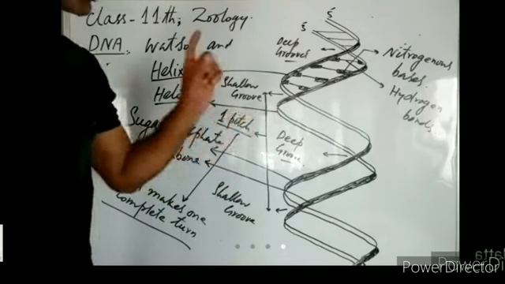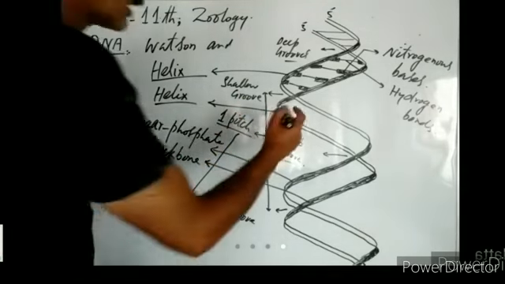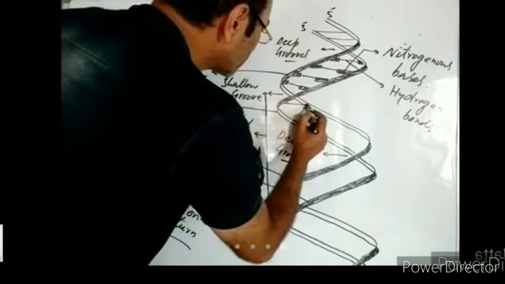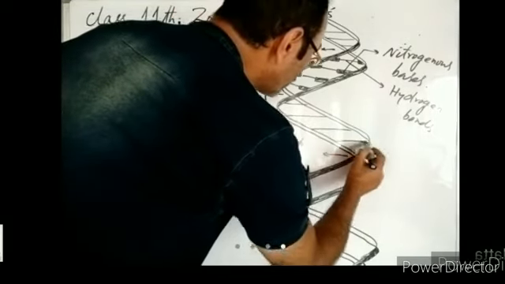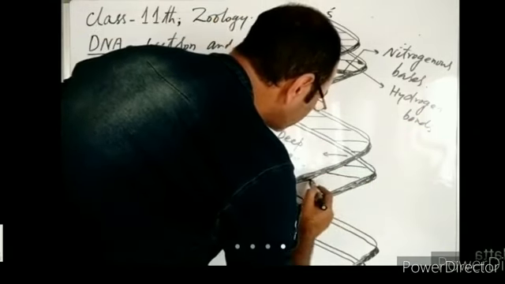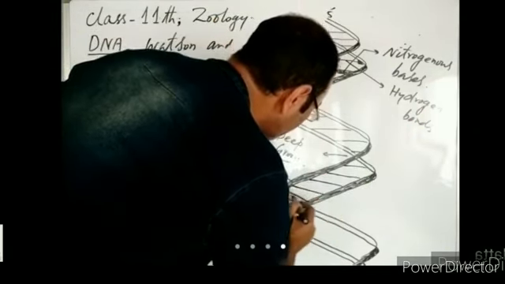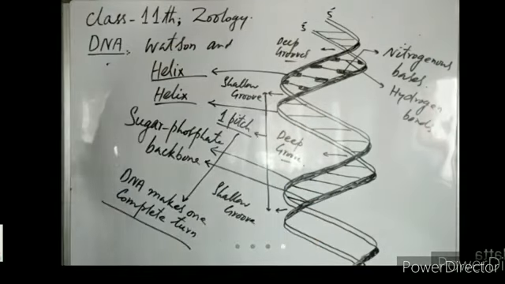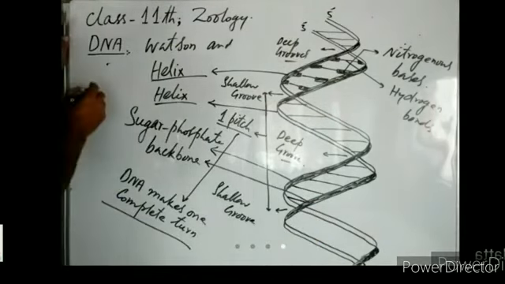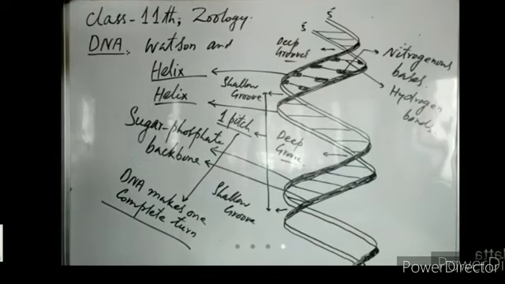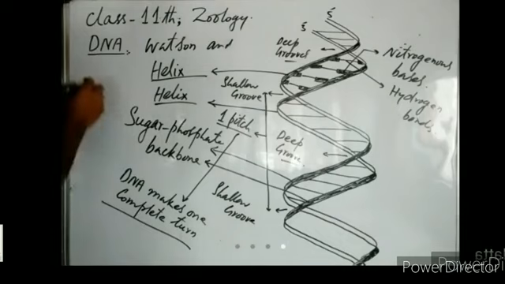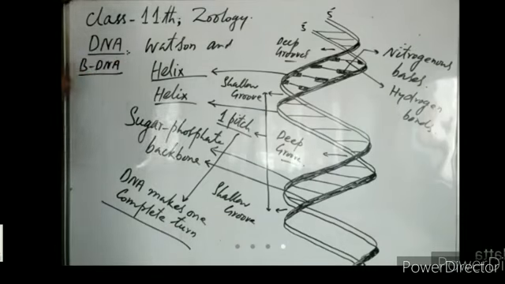How many base pairs are present in one pitch? There are 10 base pairs in one pitch: 1, 2, 3, 4, 5, 6, 7, 8, 9, and 10. There are 10 base pairs per pitch in the DNA found in living organisms, which is known as B-DNA.